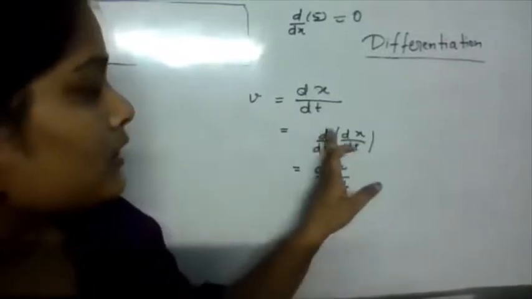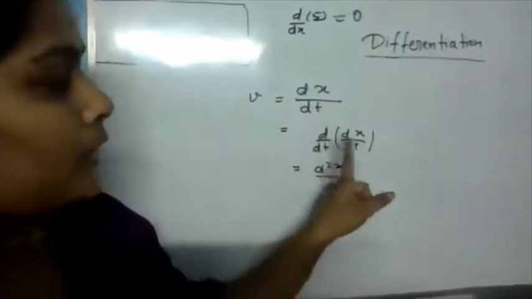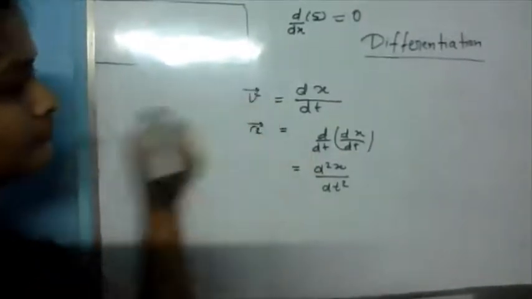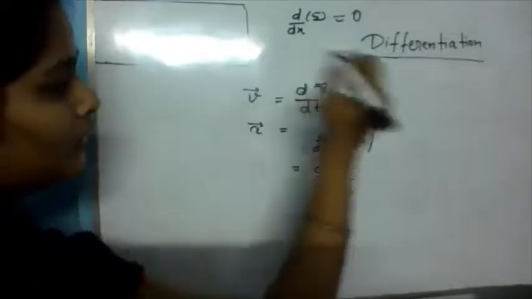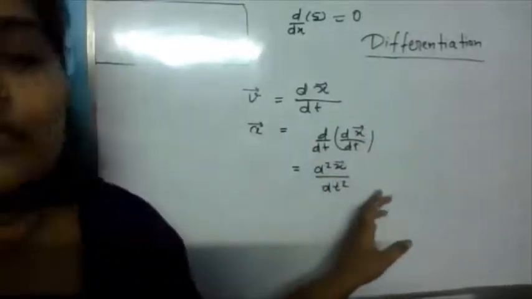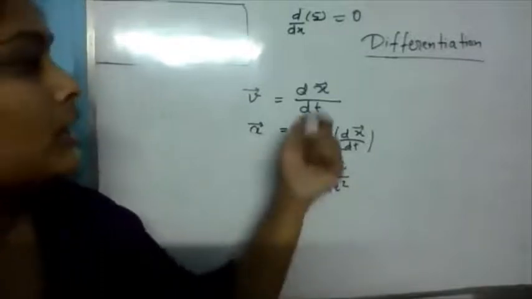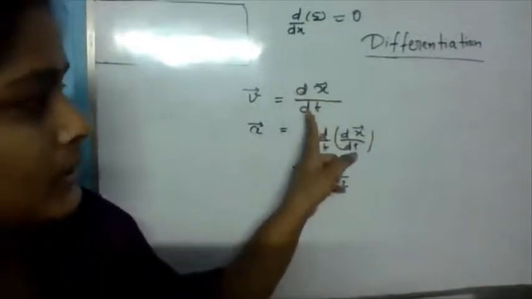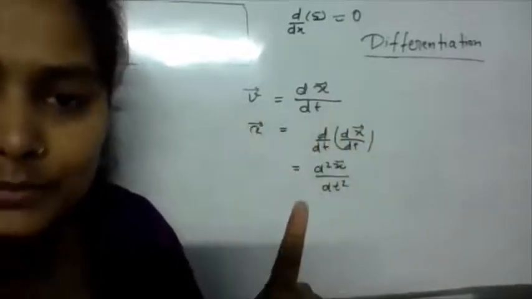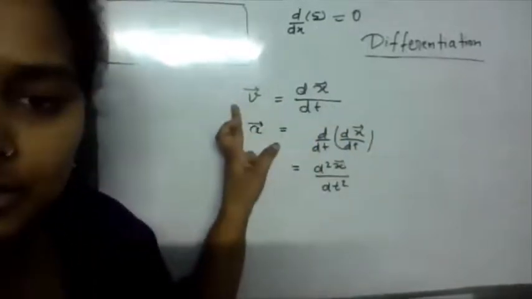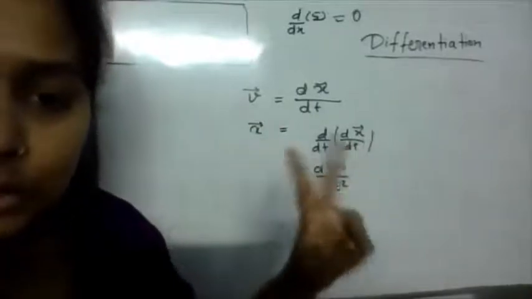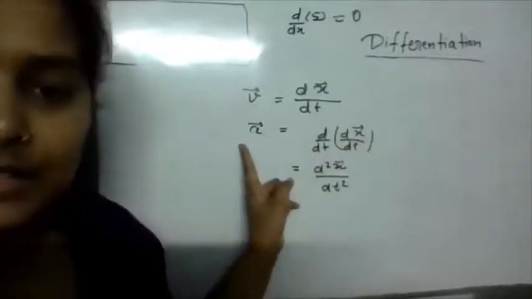Okay? So if I am applying this operator 2 times on displacement, then I will get acceleration. I am just putting this vector because I am taking this as a vector quantity. Okay? So if we differentiate displacement with respect to time 1 time, then we will get velocity. If we differentiate position with respect to time 2 times, then we will get acceleration.